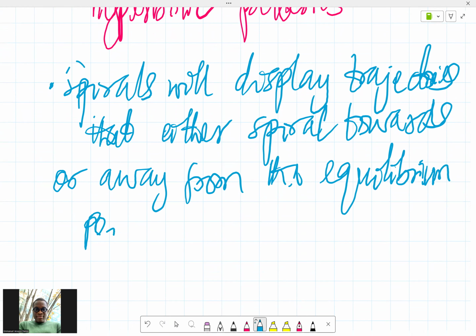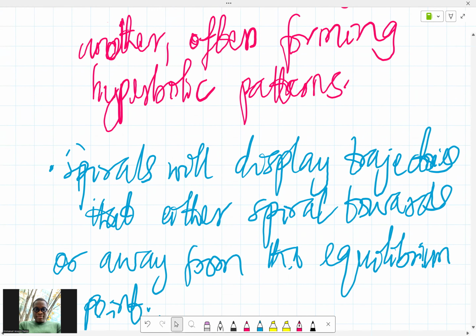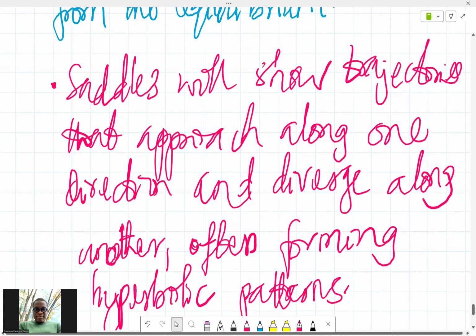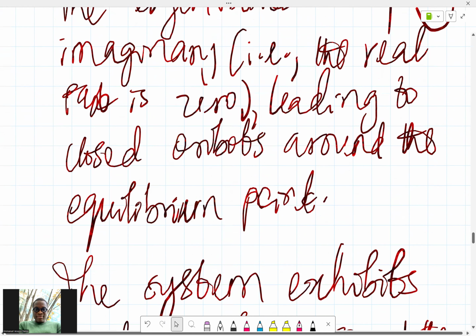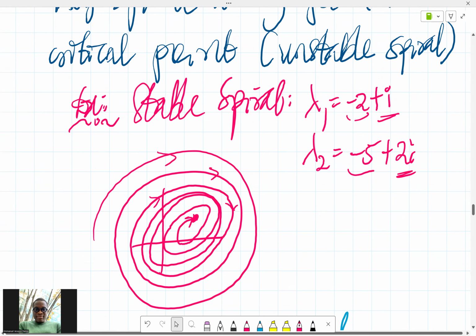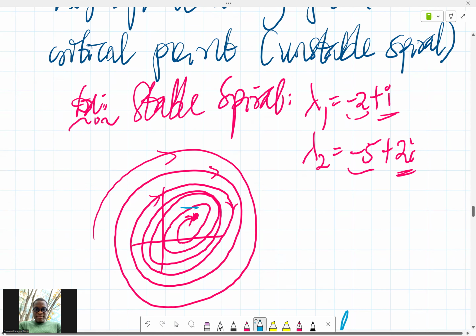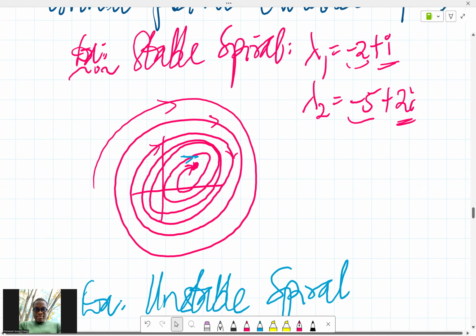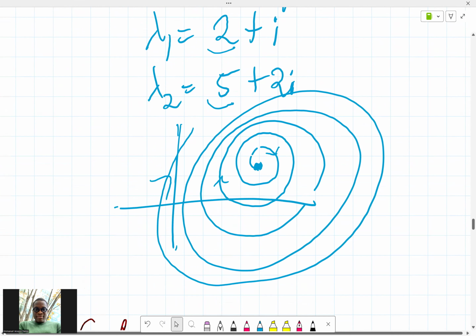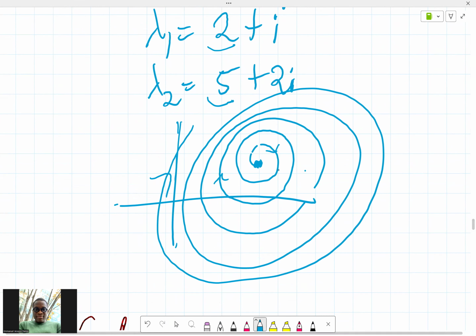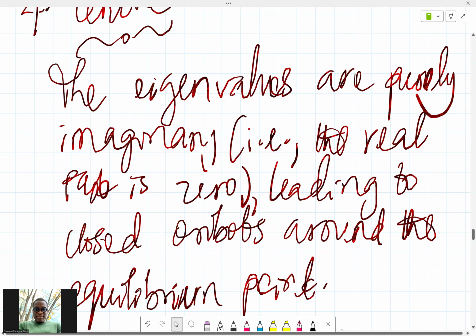We saw spirals before. This is a stable spiral which goes towards the equilibrium point, and this is an unstable spiral which goes away from the equilibrium point, just like we have there.